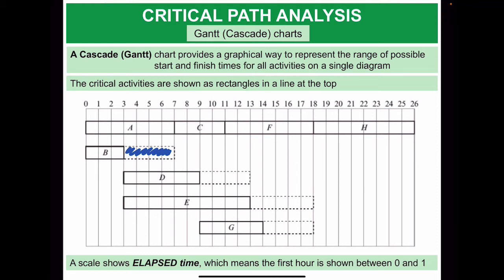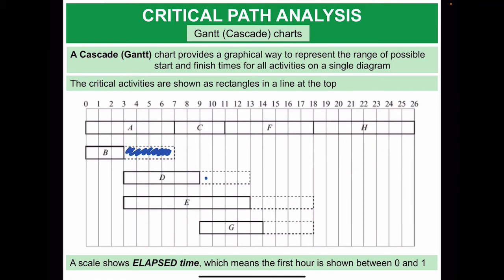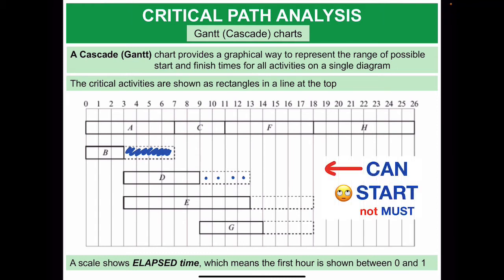So for example, you can read that the D activity must start from 3 and finish at 9, but there is a flexibility of 4 hours that you can move it a little bit. E activity must start at 3 hours and finish at 13, but also there is 5 hours of flexibility.